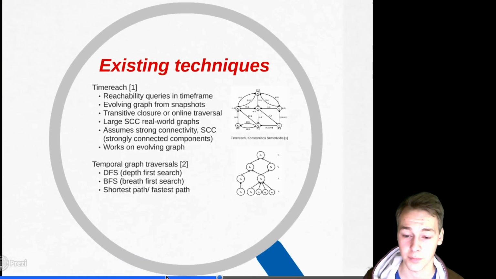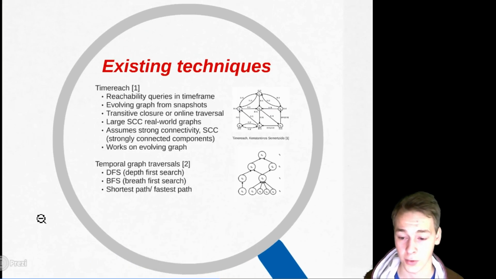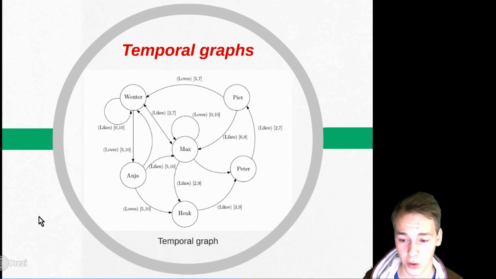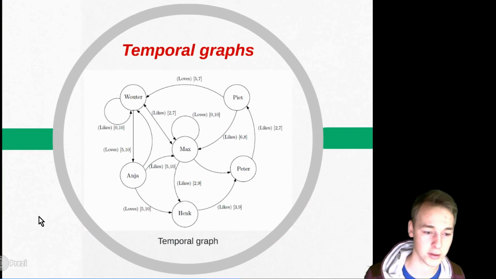There's also another paper which is about temporal graph traversals, which redefines depth first search and breadth first search and shortest and fastest paths for temporal graphs. Temporal graphs haven't really been defined. There's not one definition about how you should use a temporal graph.